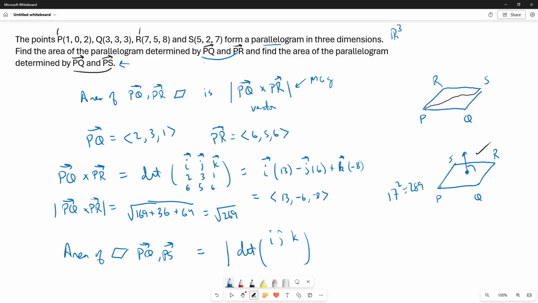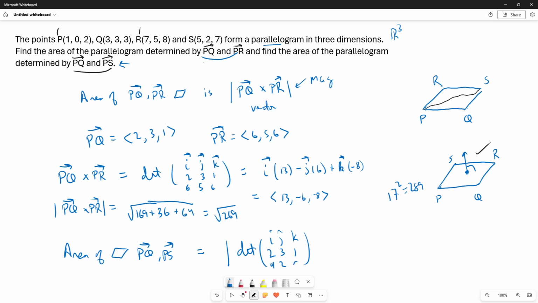We need PQ. I think we did PQ already. PQ was 2, 3, 1. And now we need PS. We haven't looked at PS. PS is 4, 2, 5.